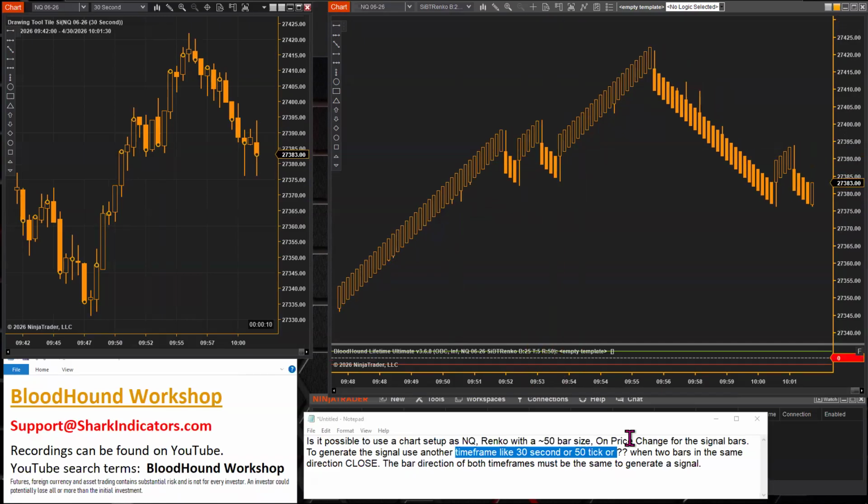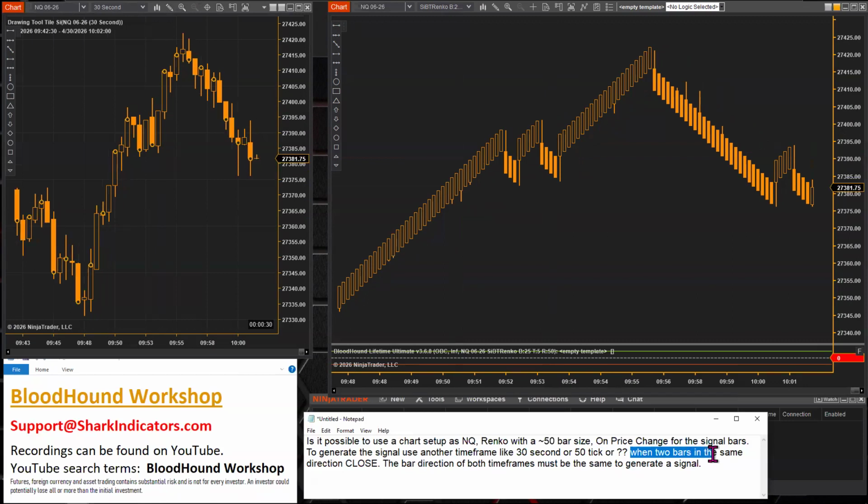Essentially, the question is identifying when the bars from both time frames close in the same direction. And the key component here is that we're working with on price change.